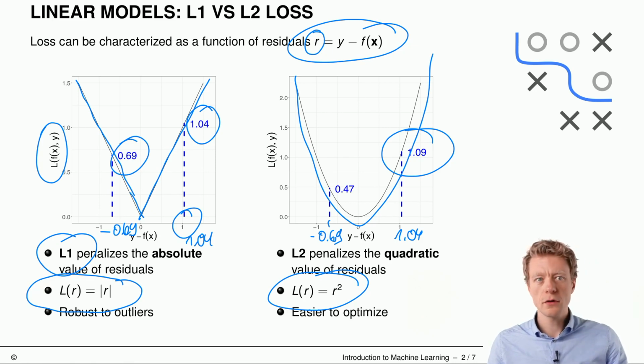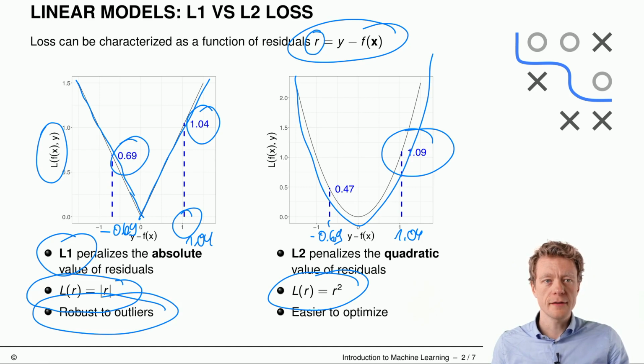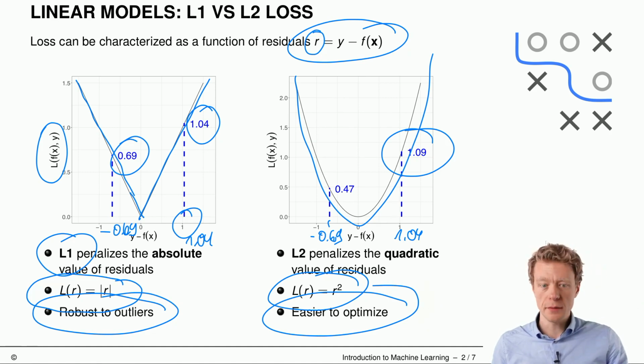So these functions differ. Obviously, there are some advantages and disadvantages of the different approaches. The first advantage of the L1 loss on the left-hand side is that it's robust to outliers. The loss does not grow that fast towards infinity as compared to the L2 loss. But then again, the L2 loss is easier to optimize because it's differentiable everywhere.